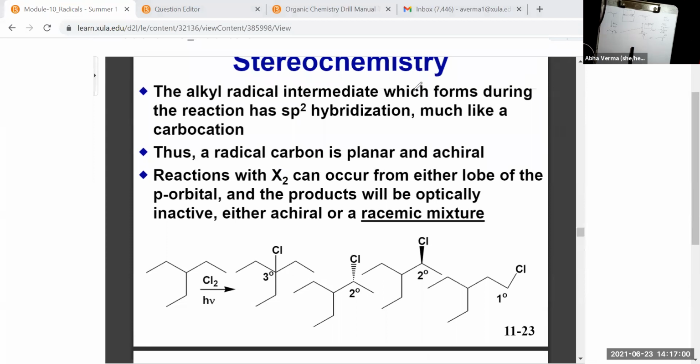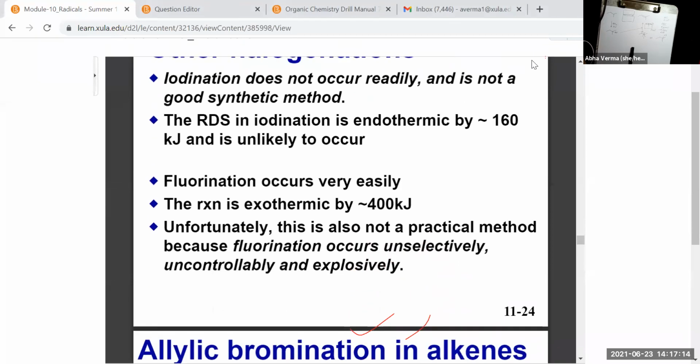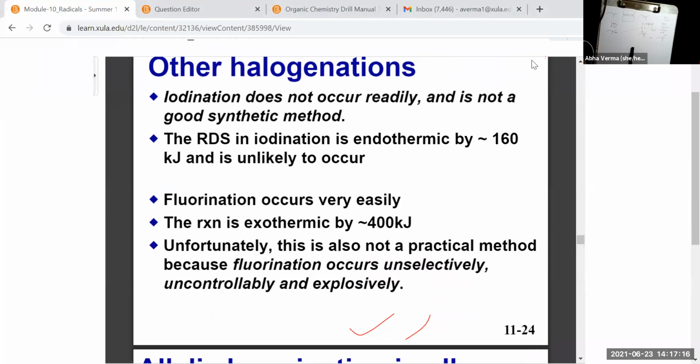With chlorinations, you will get a greater number of products. Okay, any questions so far? This is again reminding you that no halogenation will occur with iodine or with fluorine.